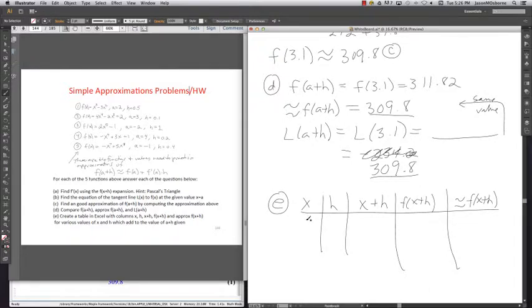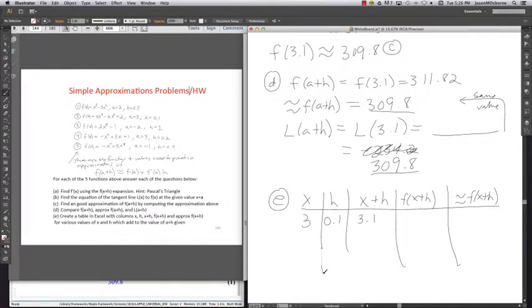So for example, your x value would be 3 in this problem. Your h value is 0.1, and 3.1 was where you were trying to find the approximation. So you should then try some other values closer to 3.1. So if you were to try 3.09, that means h would be 0.01.